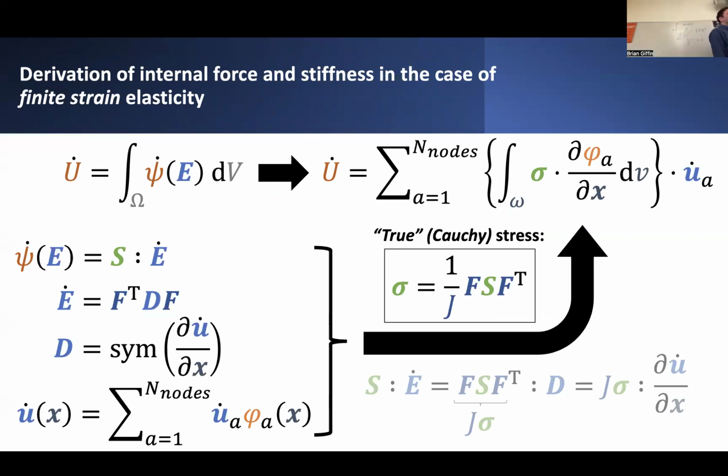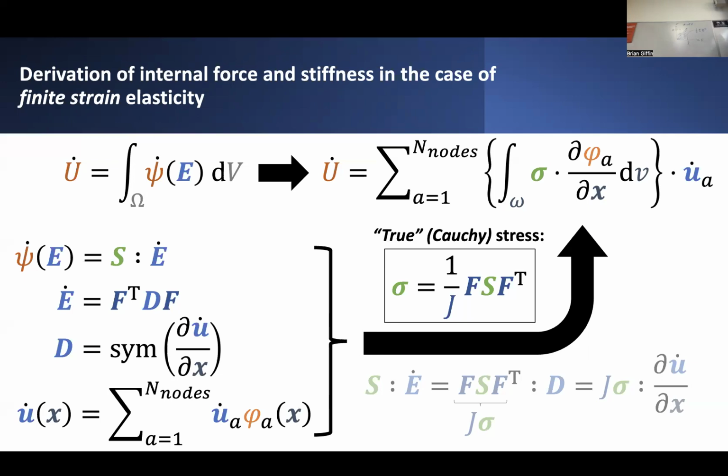But I do choose to make a few substitutions and modifications to make this final expression look slightly more similar to what we had before. In particular, notice this description of second Piola-Kirchhoff stress, this S measure of stress that depends on Green-Lagrange strain.